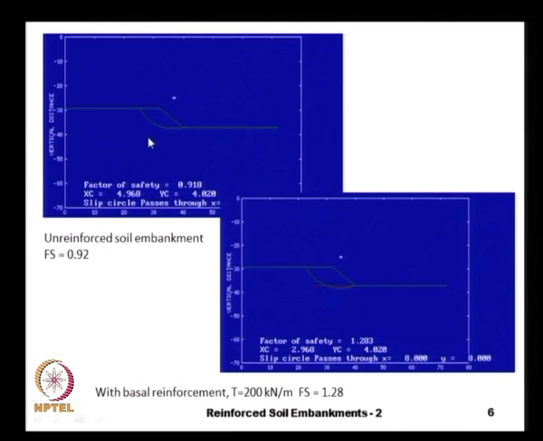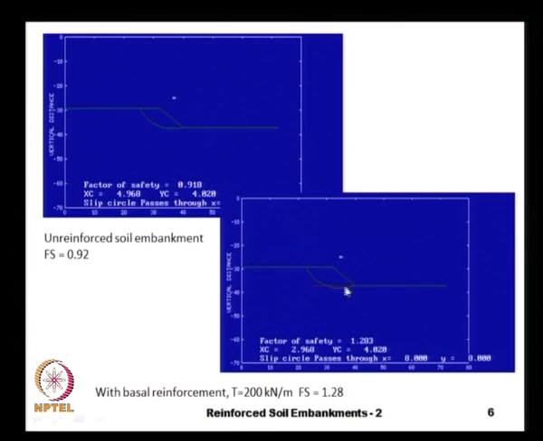This is the result from one computer program that you are going to get as part of this course. The height of this slope is 8 meters, the slope angle is 45 degrees, and the factor of safety of this unreinforced slope is 0.92. We need to increase this factor of safety to a higher value, and that is a trial and error process.